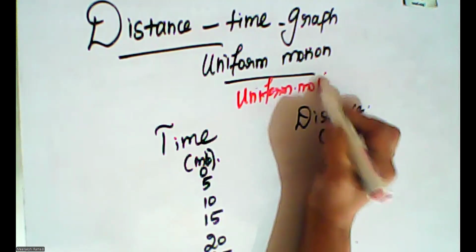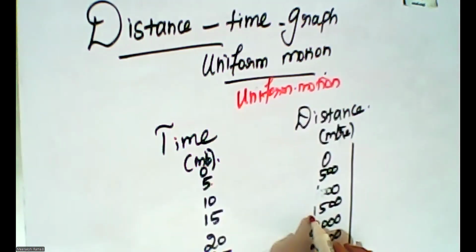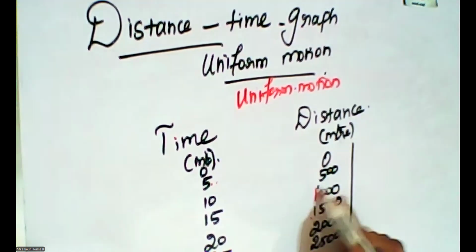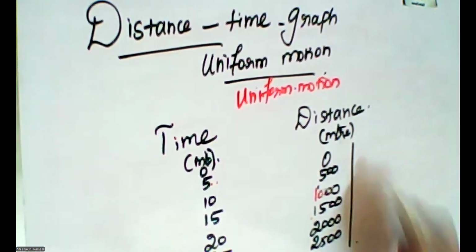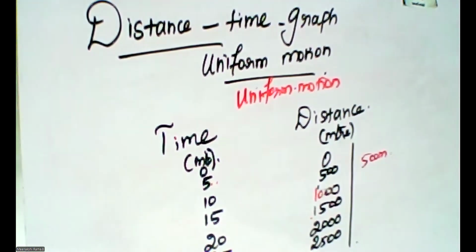Okay, in uniform motion, time as well as distance are both maintained in the same condition only. This is steps of five, 5, 10. Same condition, 500 and then 1000, 1500. He crosses 500 meters only in each and every 5 minutes.